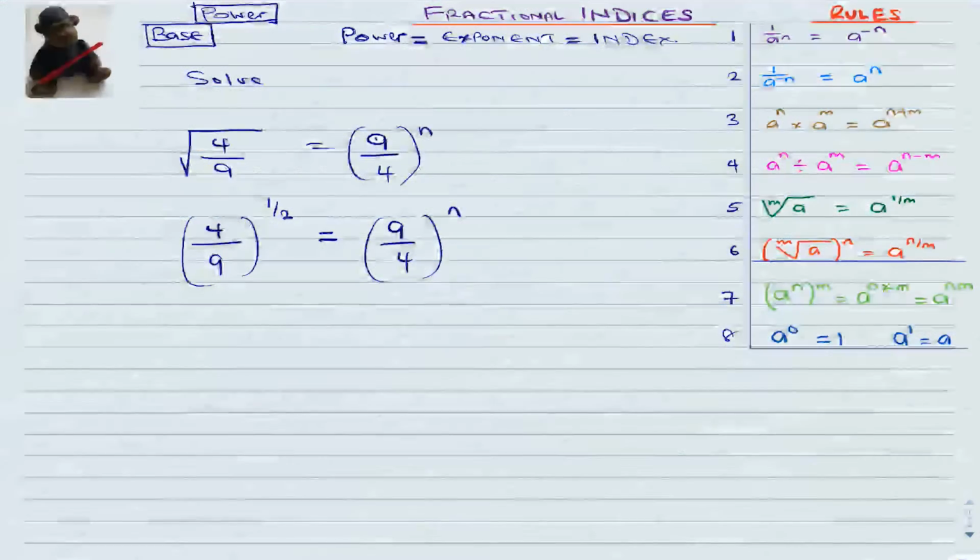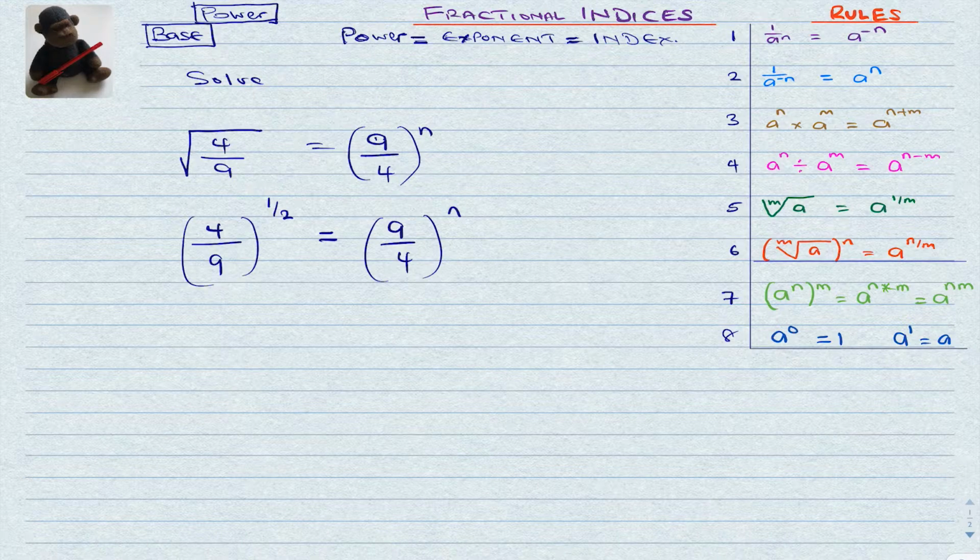But the 4 over 9 is a bit like the inverse of the right-hand side, which is 9 over 4. So this is telling us to basically change the power to a negative fraction.